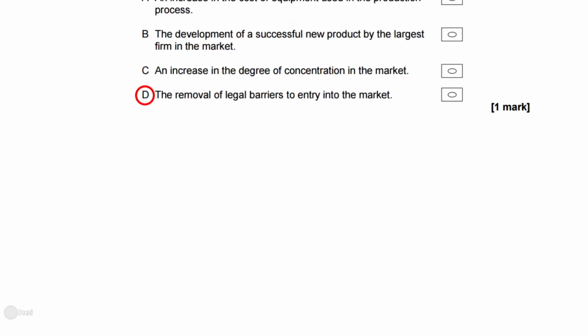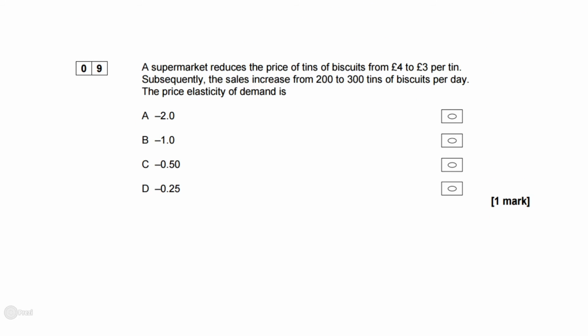Question 9 is a price elasticity of demand question. A supermarket reduces the price of tins of biscuits from £4 to £3 per tin. Subsequently, the sales increase from 200 to 300 tins of biscuits per day. Price elasticity of demand measures the proportional change in quantity demanded following a change in the price.